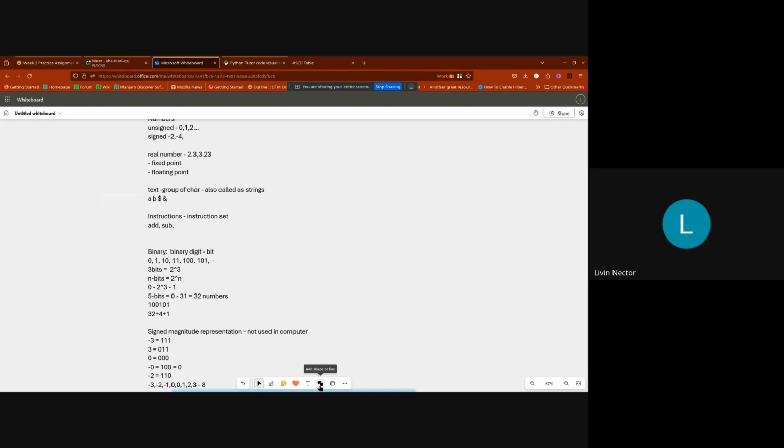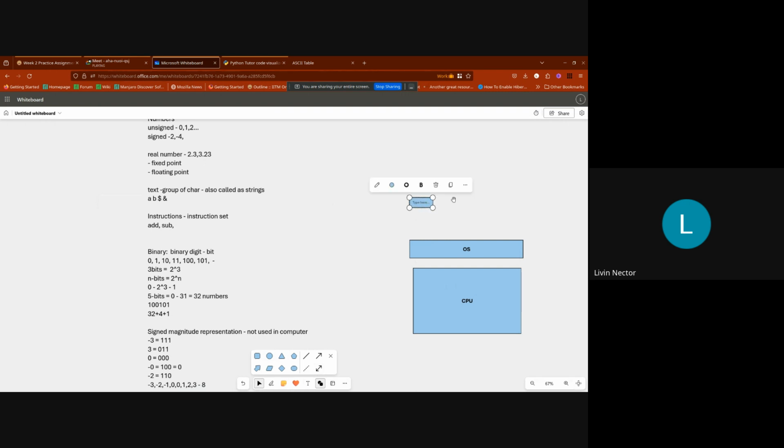What we say is that the OS will be like this. Assume this is your CPU with many cores, and above that the OS will be there. Here your applications will be there. You run many applications; the calculator is also an application.